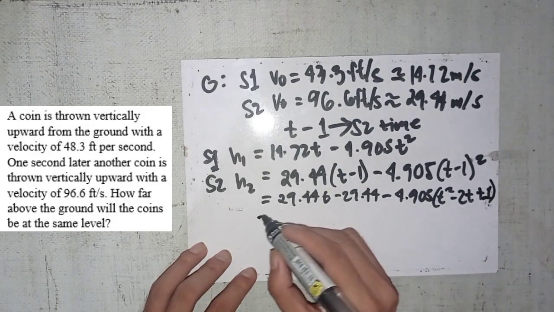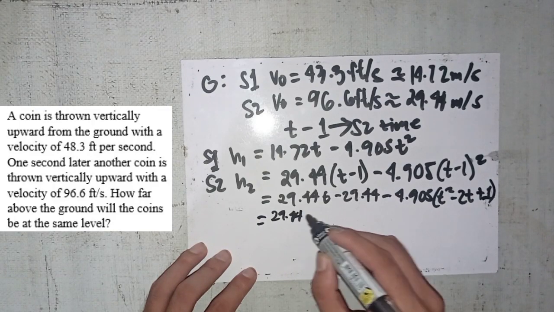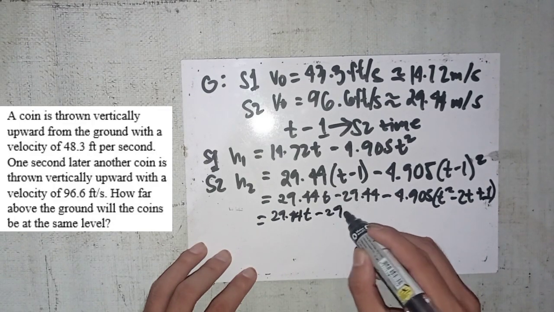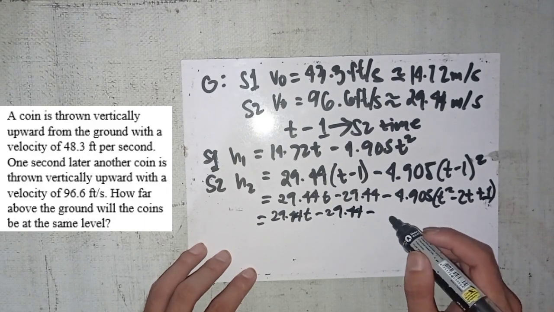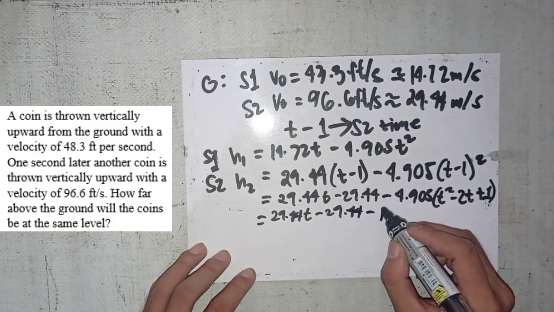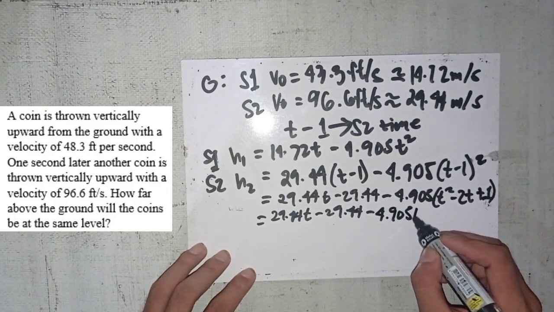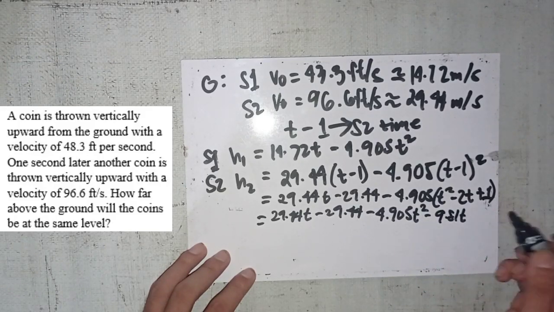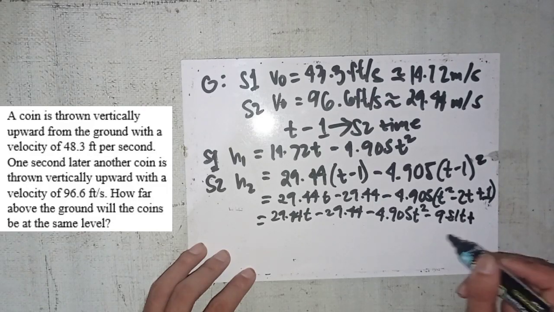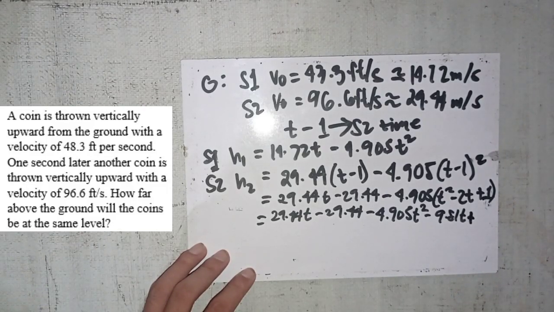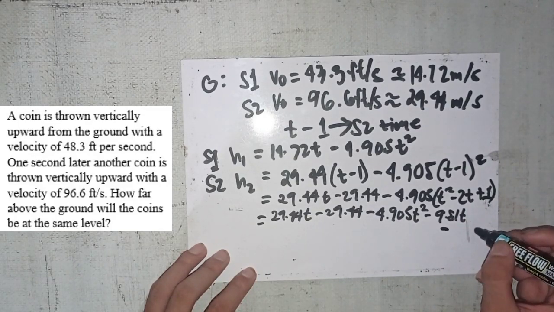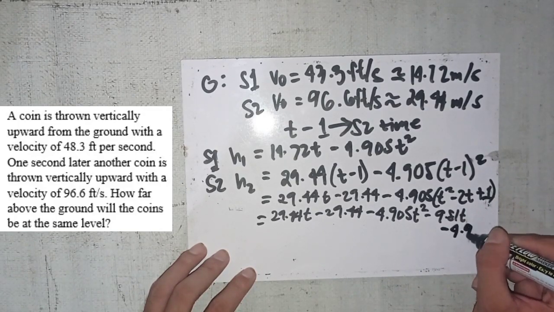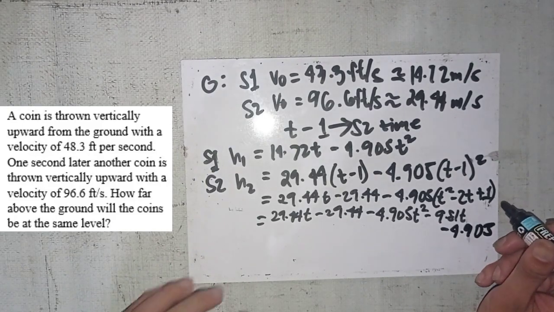We can also distribute this: 29.44 t minus 29.44 minus 4.905 t squared minus 9.81 t, and then minus, because it is negative, 4.905.